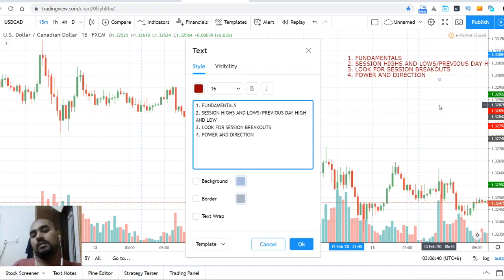By this I mean when the breakout happens, it has to go to either the buy side or the sell side, and how strongly it broke out of the previous session's highs and lows.